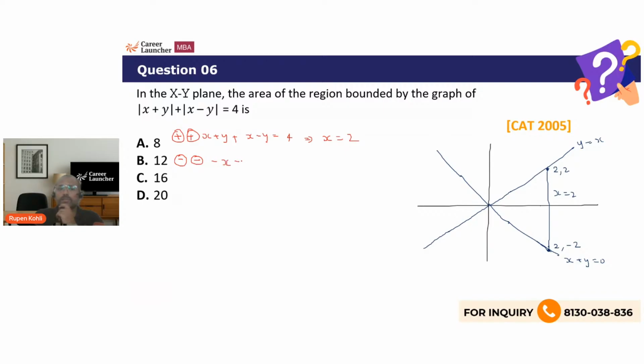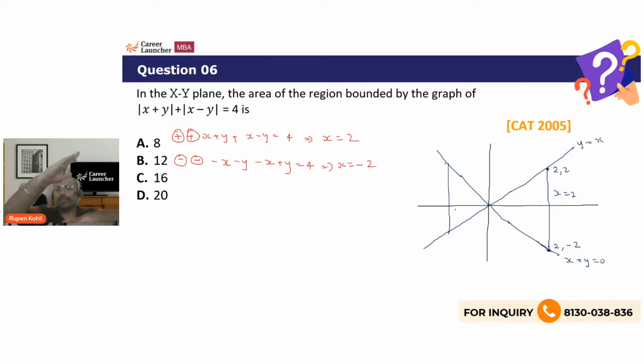So minus of x plus y and minus of x minus y, which is minus x minus y plus... is 4. Again, simply we get minus 2x is 4, or x is minus 2. So again, we draw the line x equals minus 2, but within this restriction.